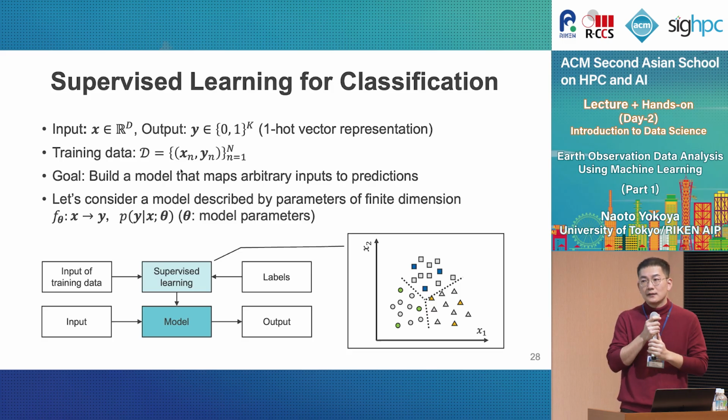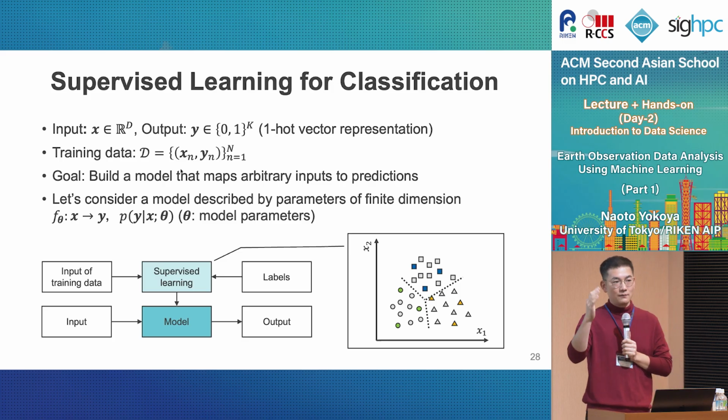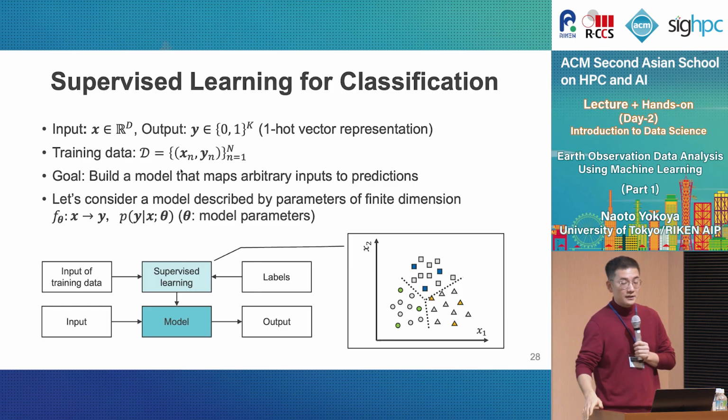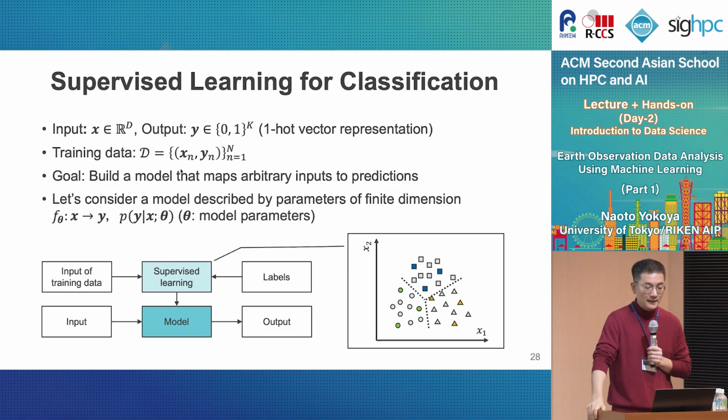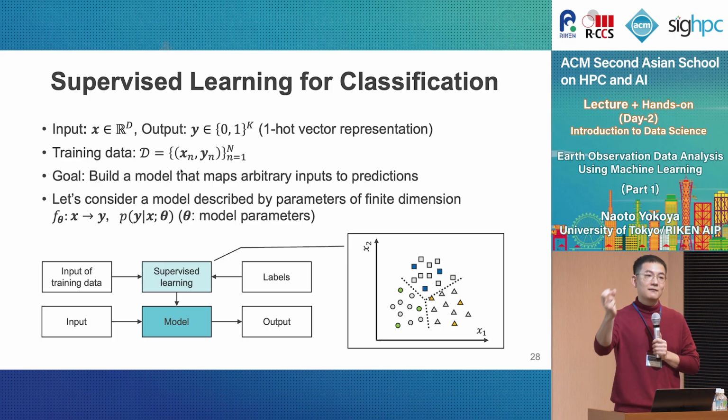In the training data, the input data is denoted as X, and Y is the output, the label. Maybe an image is given as input, or text data, or a sound signal can be used as X, and Y is the class label that we are interested in. Training data consists of examples: for this X, Y is this.